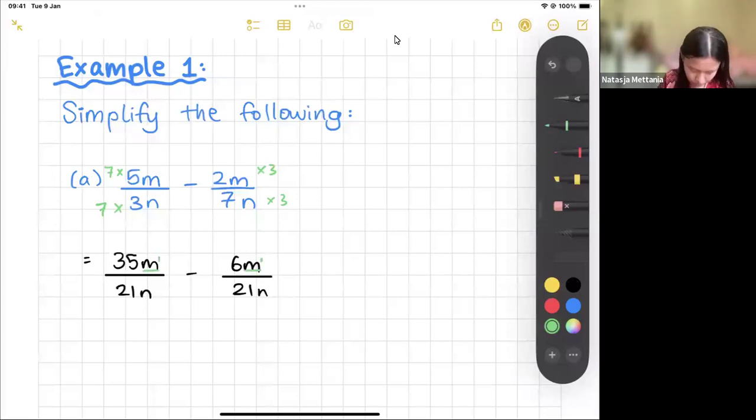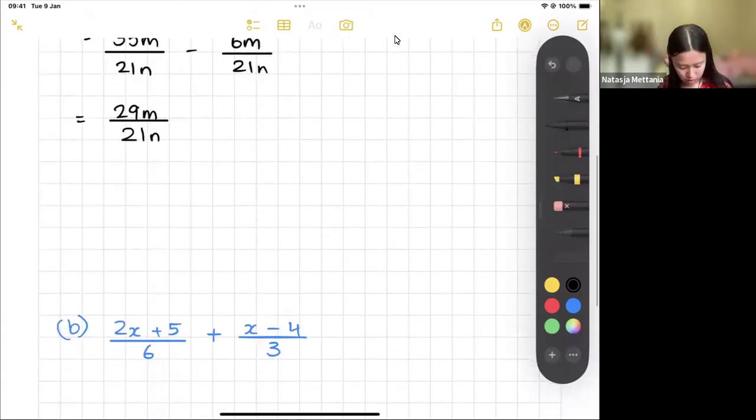There's a small 1 here. Okay, so now we know that it's like terms, we can just subtract. What's 35m minus 6m? That's 29m over the denominator, which is 21n. So 29m over 21n. That's the first example.